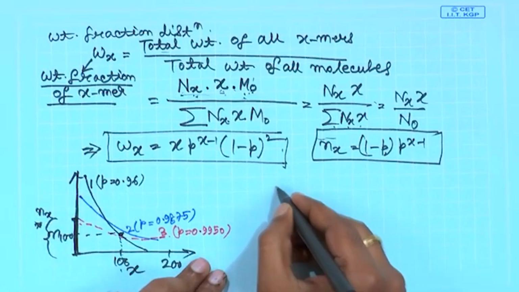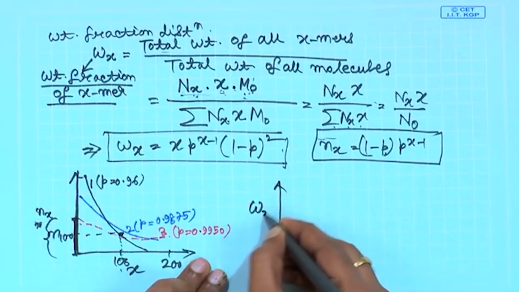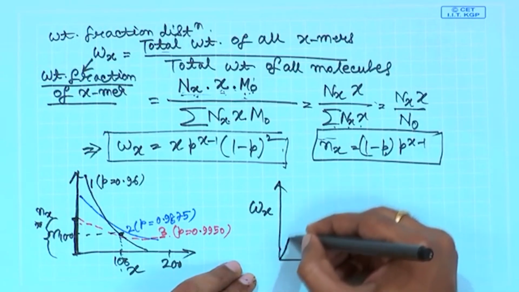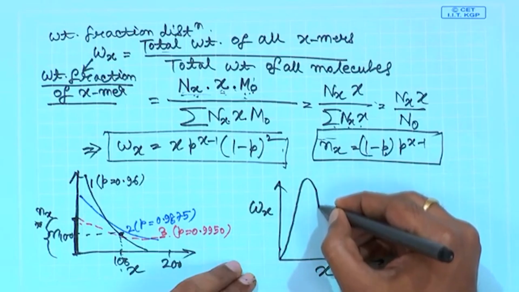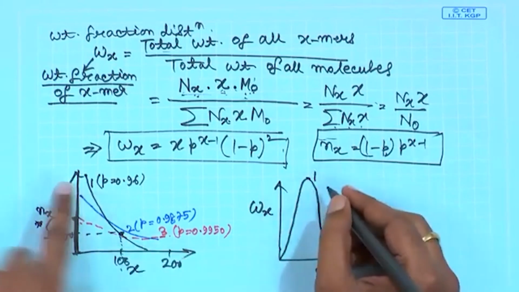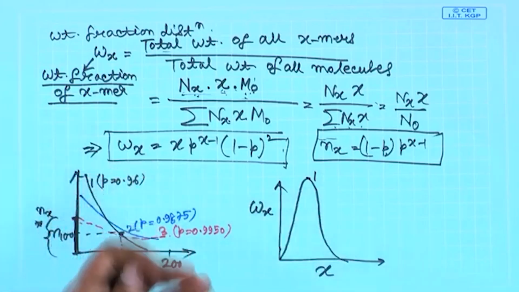What about the weight? This is the number. So, what about the weight? If you look at the weight fraction, you are plotting Wx as a function of x. What you will get is the following. This is for curve 1, again 1 corresponds to this.